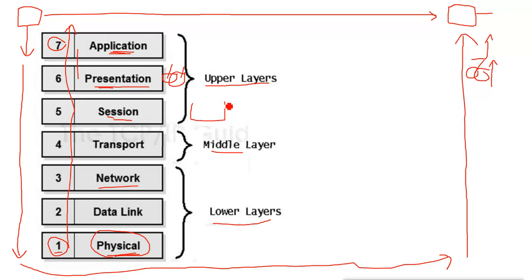This is your data and it is called PDU, packet data unit. It is completed here, and now this data is going to be sent on the network. Till the session layer, not third layer actually, it is the fifth layer, your data is completed.